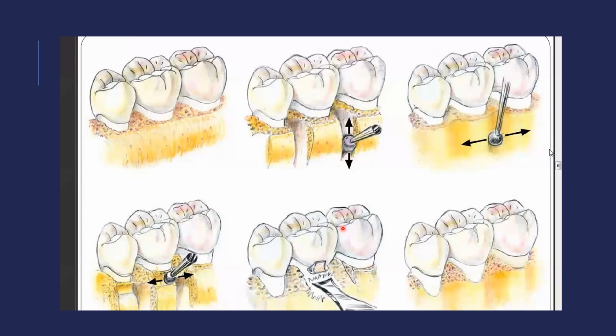You can see that the first one, there is the thick bony margin. So the craters are there. So we are making vertical grooving, okay, up and down with the carbide burs. We are grooving it, and now we are blending over the root surface.